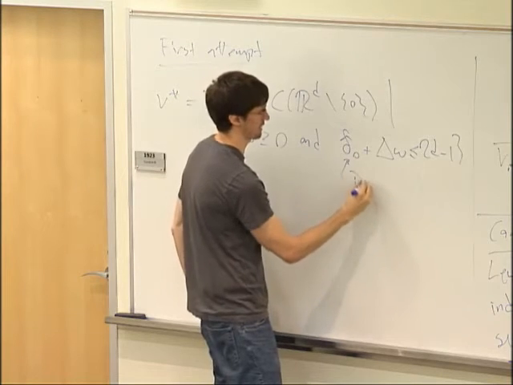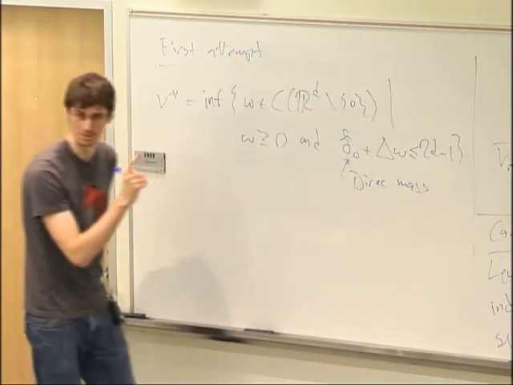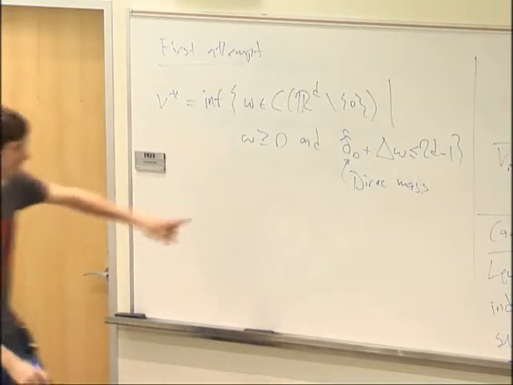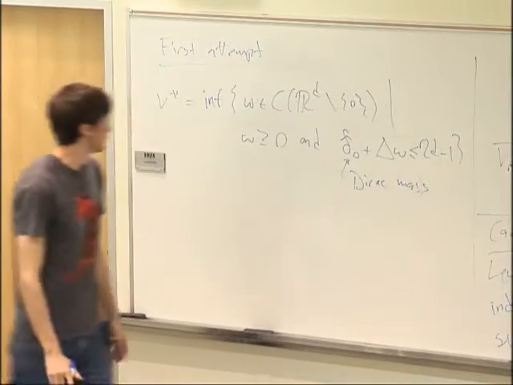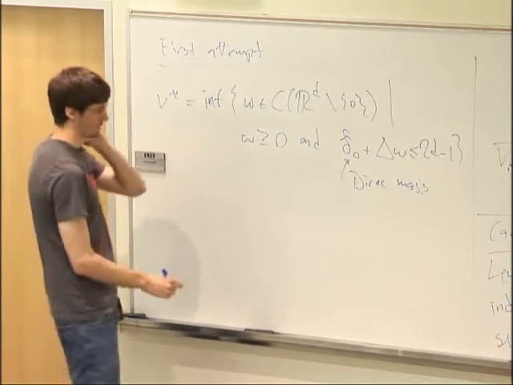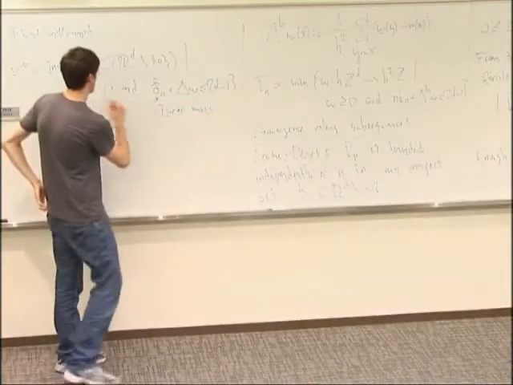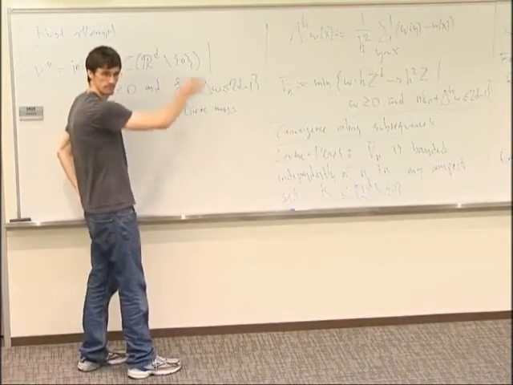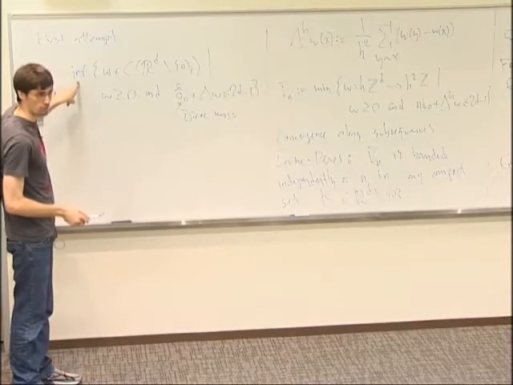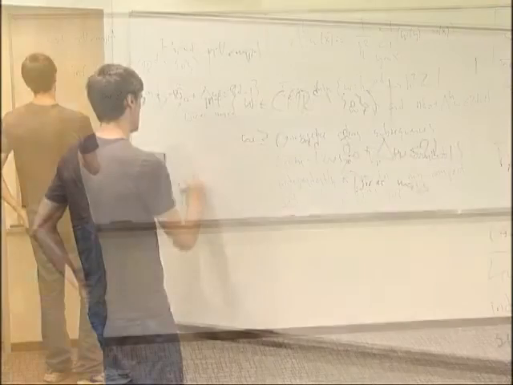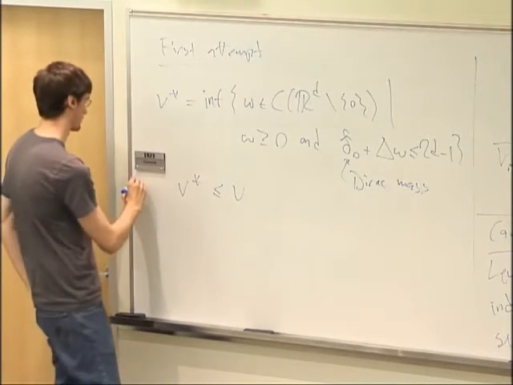So this is a Dirac mass, not just the indicator function of the origin. So it's the limit of this guy. We get basically for free that the limiting v satisfies these constraints. And because v star is computed by infing over all those things, we get immediately that v star is less than or equal to v.